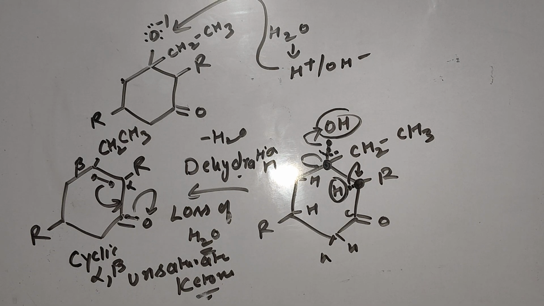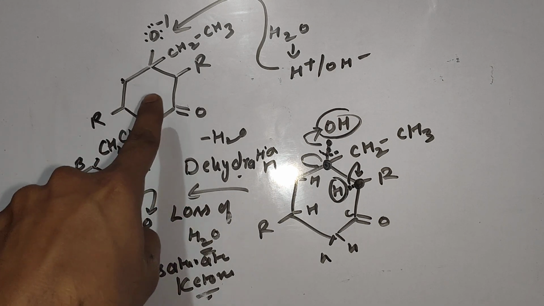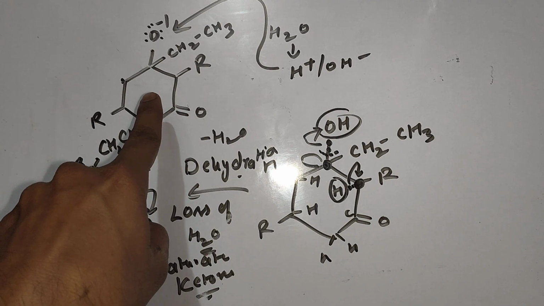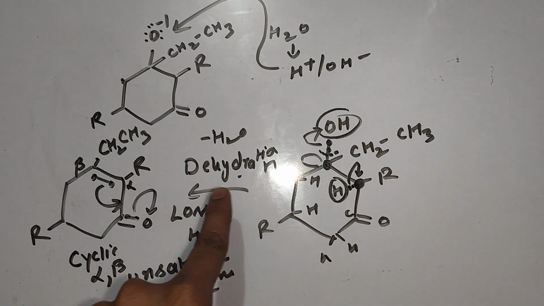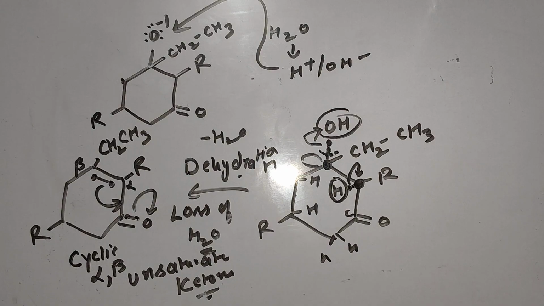A carbanion was generated, and that carbanion attacked the carbonyl group of the ketone, which we call intramolecular aldol condensation. After that, we got the cyclic condition, and that cyclic condition stabilized itself better by the loss of H2O, and finally we are getting a cyclic alpha beta unsaturated ketone.